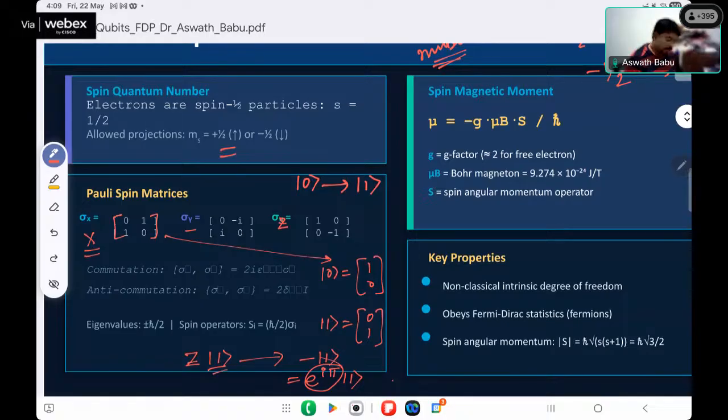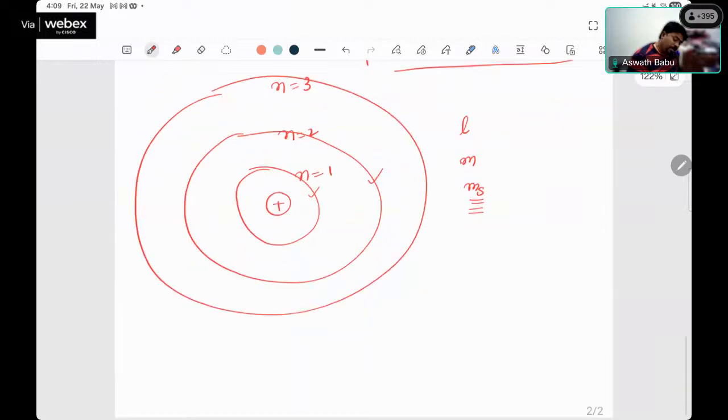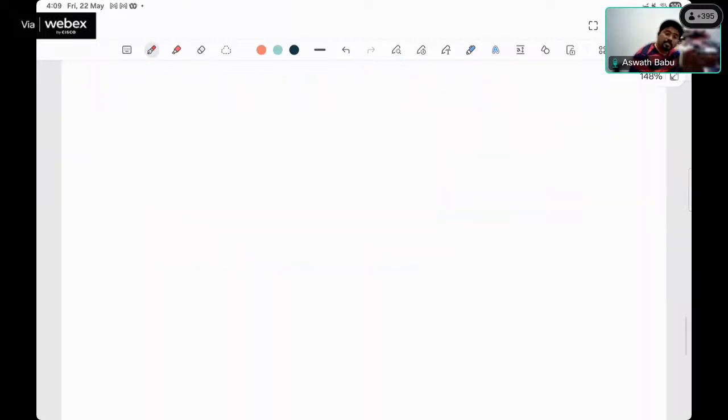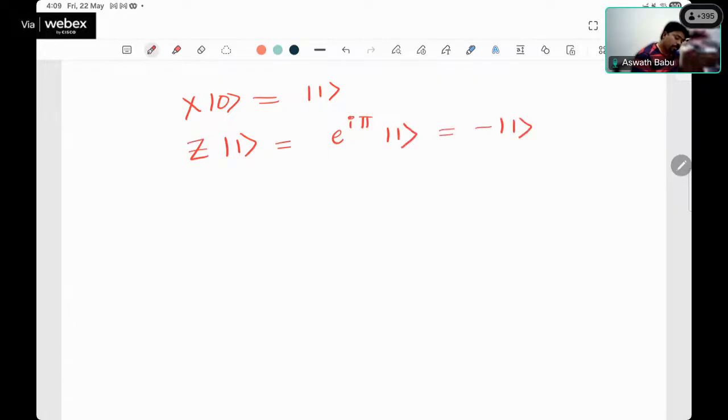And there is a Y gate for you. What does the Y gate do? Y gate is an interesting gate. It's a combination of both X and Z. X does what? It flips 0 to 1. Z does what? It flips the phase of 1 by i pi, which is minus 1.